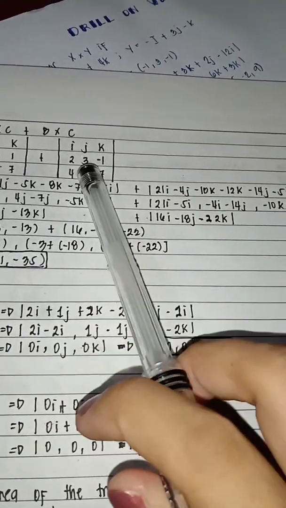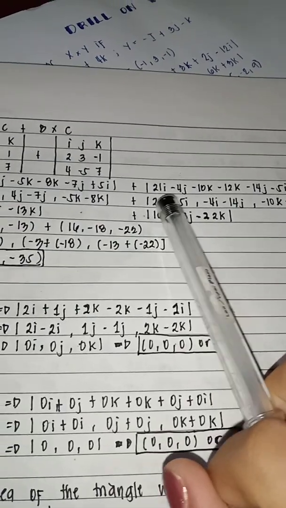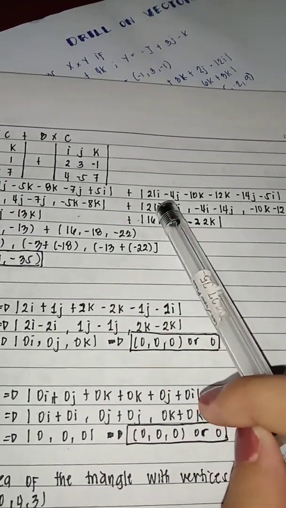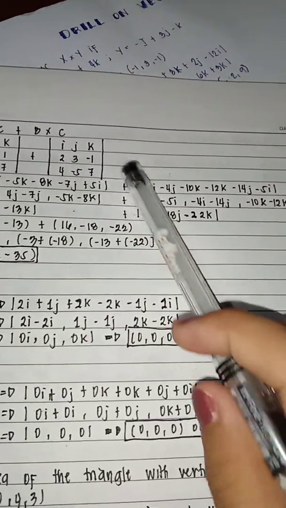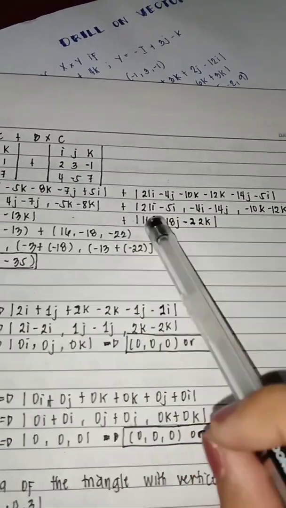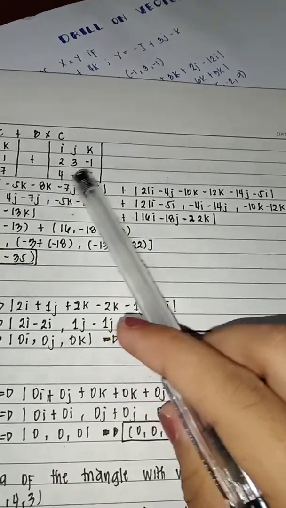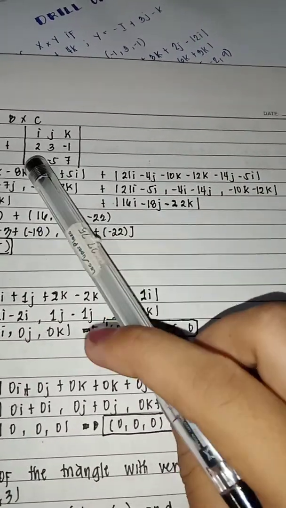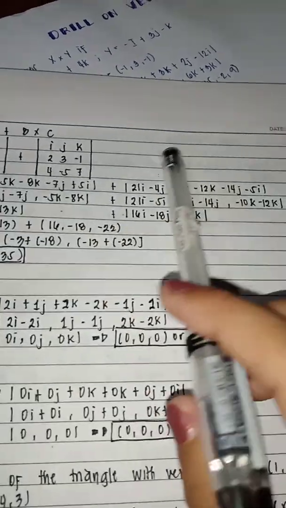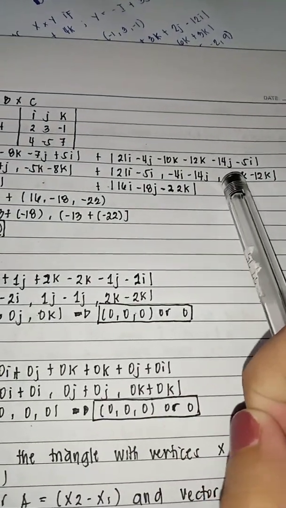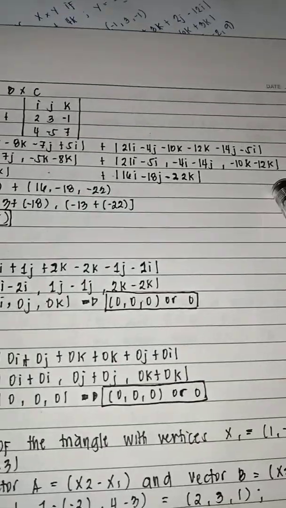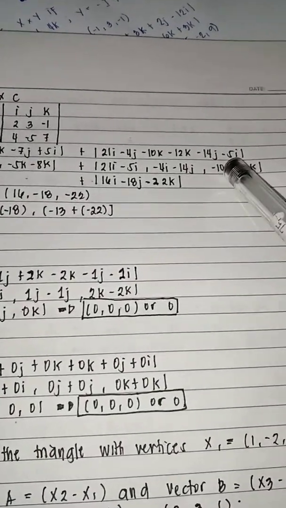So i times 3 times 7 is equal to 21i. j times negative 1 times 4 is equal to negative 4j. k times negative 5 times 2 is equal to negative 10k. 4 times 3 times k is equal to 12k. 2 times j times 7 is equal to negative 14j. i times negative 1 times negative 5 is equal to negative 15i.